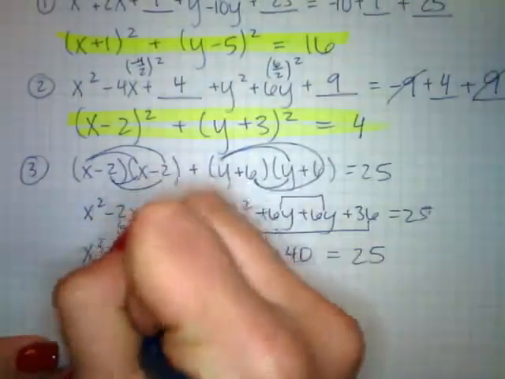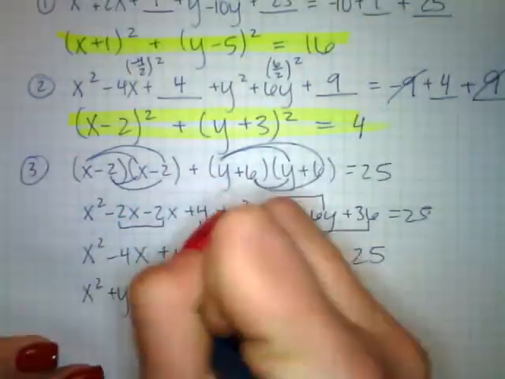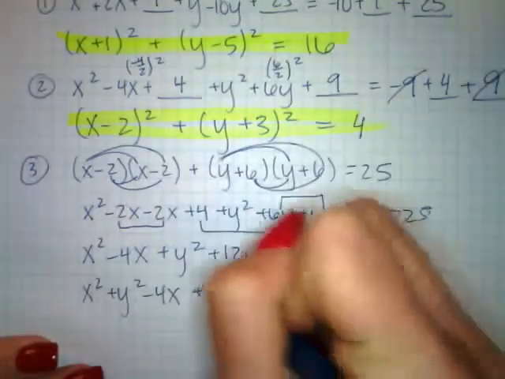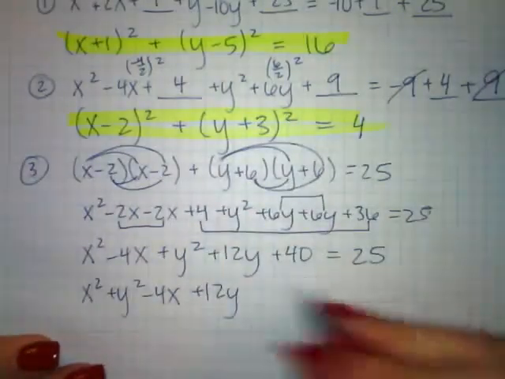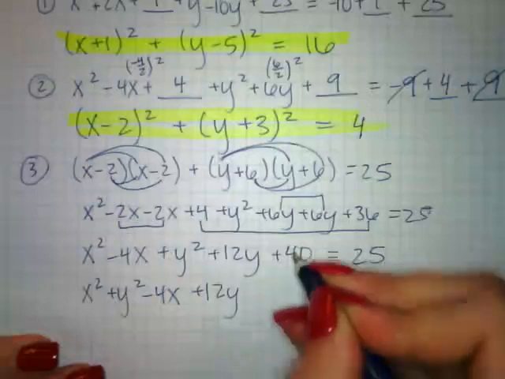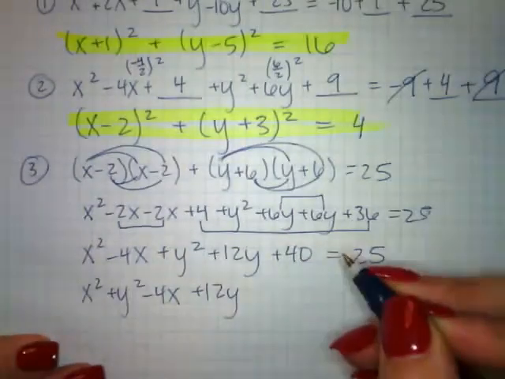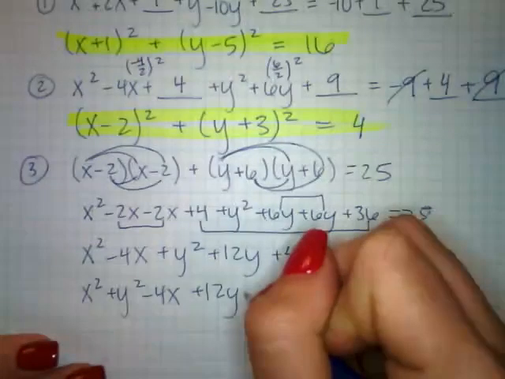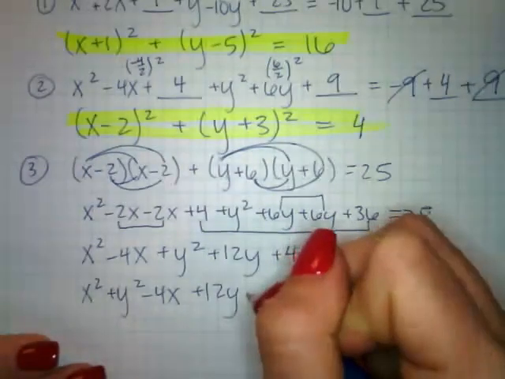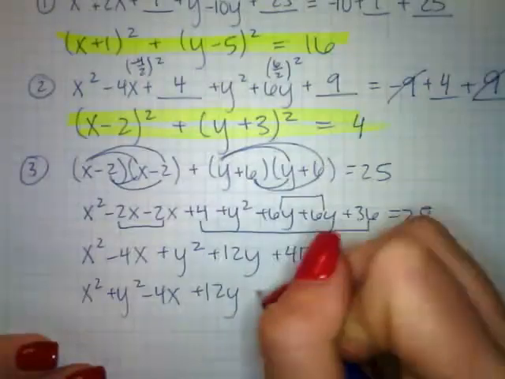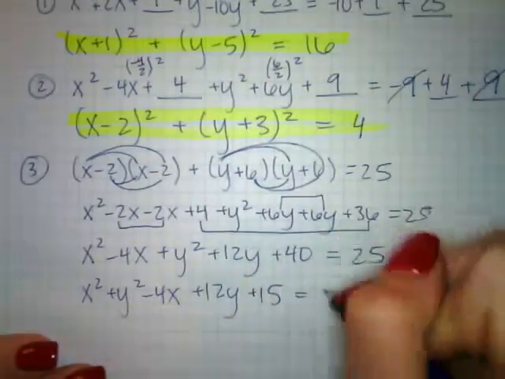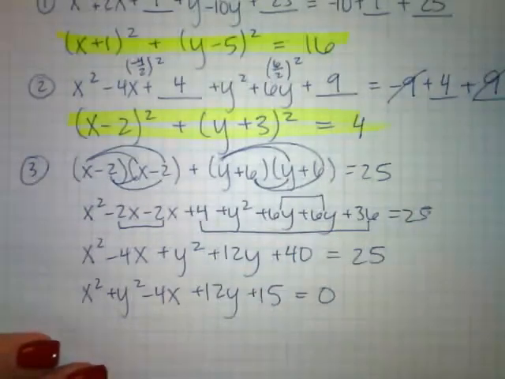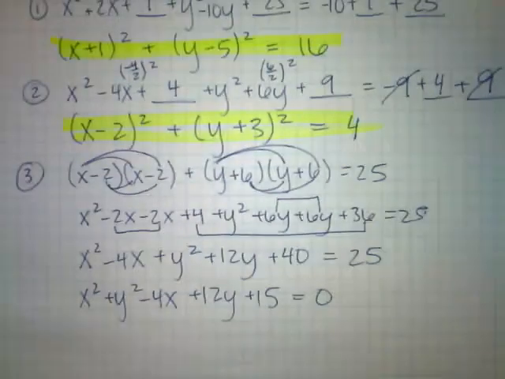So x squared plus y squared minus 4x plus 12y, and when I subtract this 25 over, it looks like we're going to be left with 15. And that will be my final answer for 3.